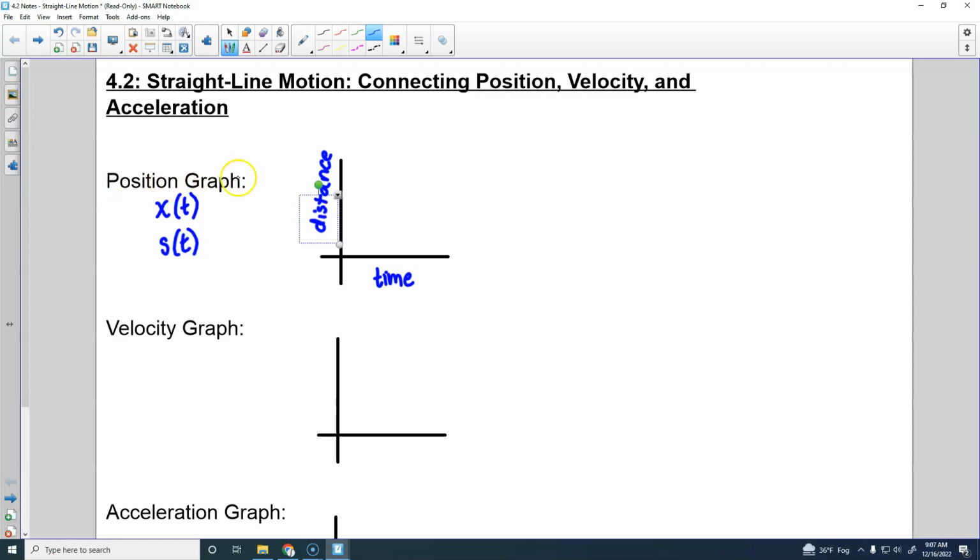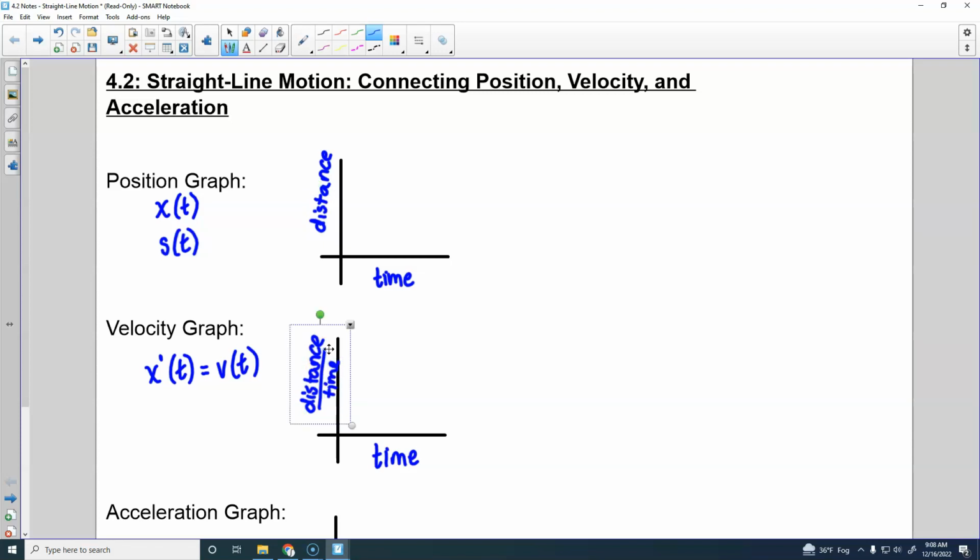So if we take the derivative of position, x prime of t, or s prime of t, or whatever you're using here, it is going to give you your velocity graph. Because if you think about what we looked at yesterday, x-axis would stay the same, right? And then our y-axis would be change in y over change in x, so that would be distance over time.